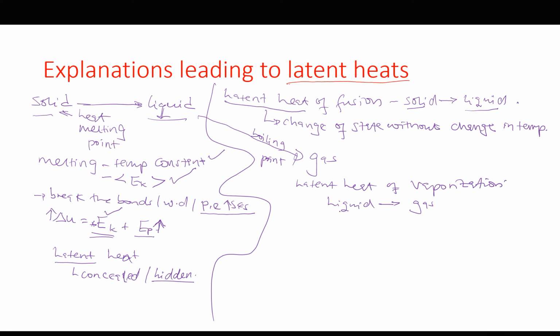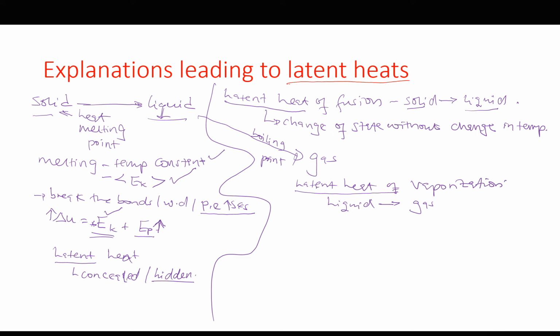So when we are moving from liquid to gas, the molecules must move very far from each other so that the intermolecular force is extremely weak and almost negligible. So the heat we are supplying here is called the latent heat of vaporization. Remember, when a liquid starts boiling, the temperature remains constant.